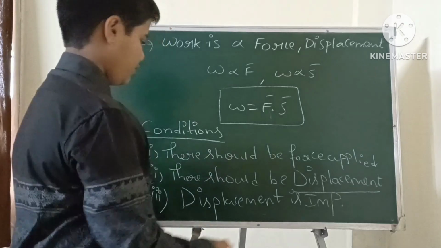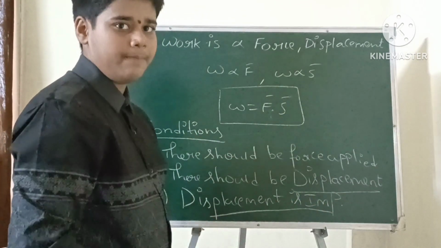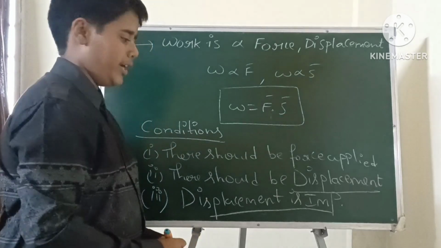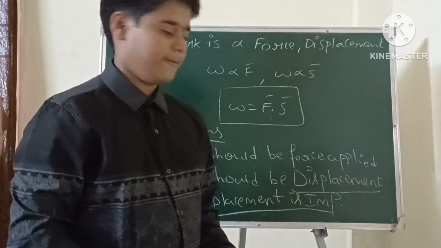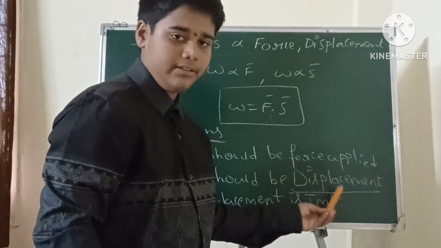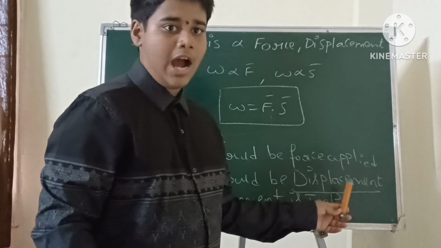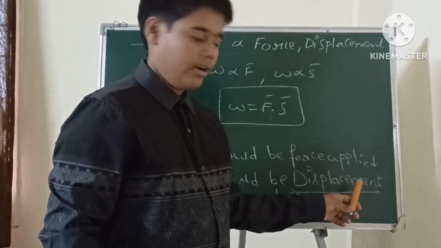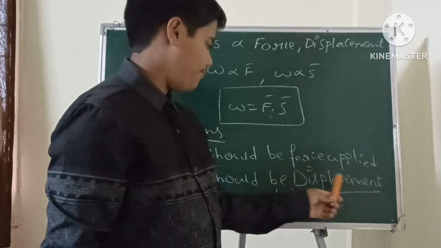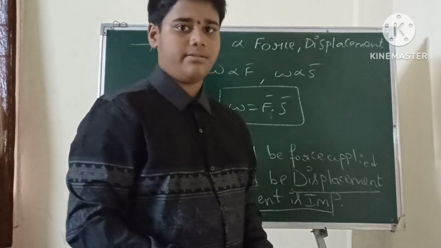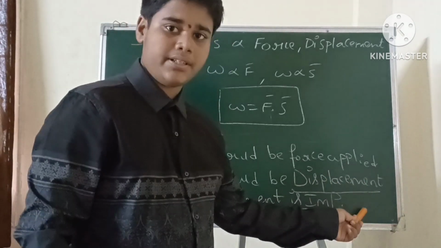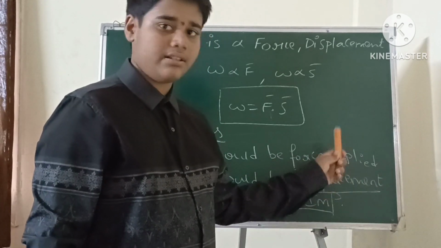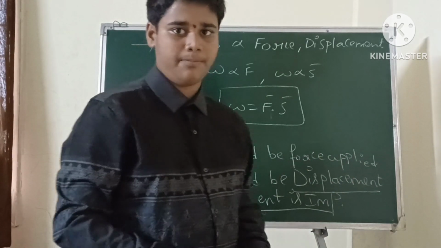When force is applied on a body, it should displace. So when displacement is there, automatically force is applied. When force is there, displacement should be there in work done. Okay?